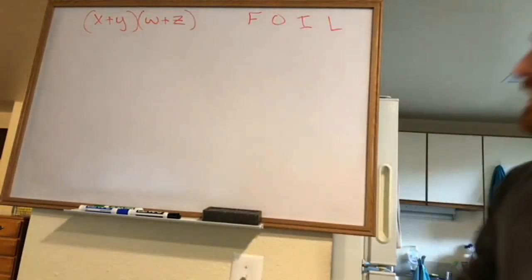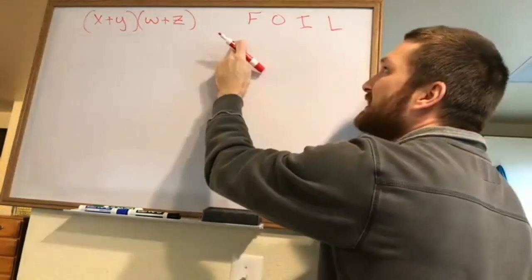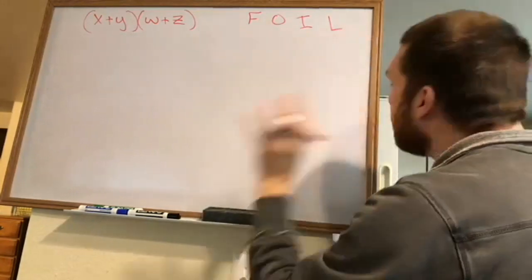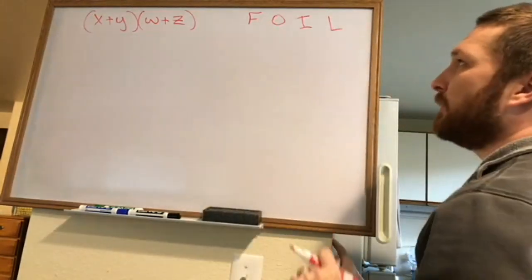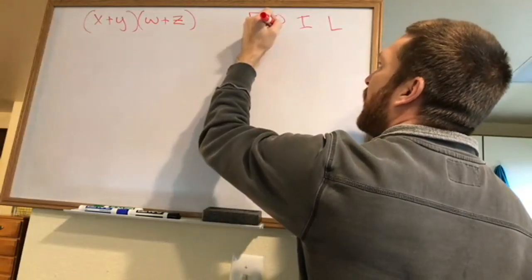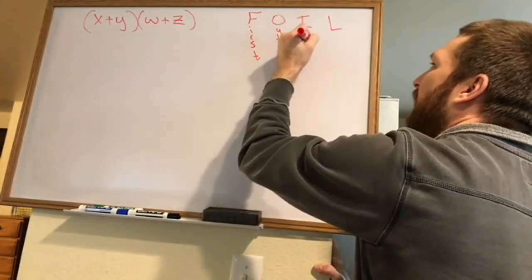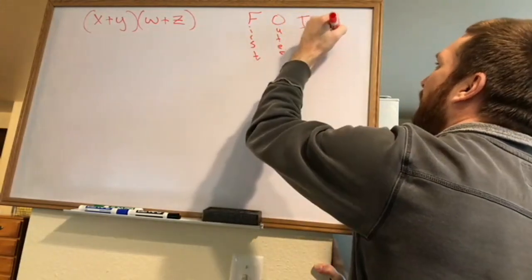And I would normally, when they're bigger, I would do that in that order. But this has been ingrained in my brain so much that this is how I think about it. This is first, outside, inside, last. Okay.